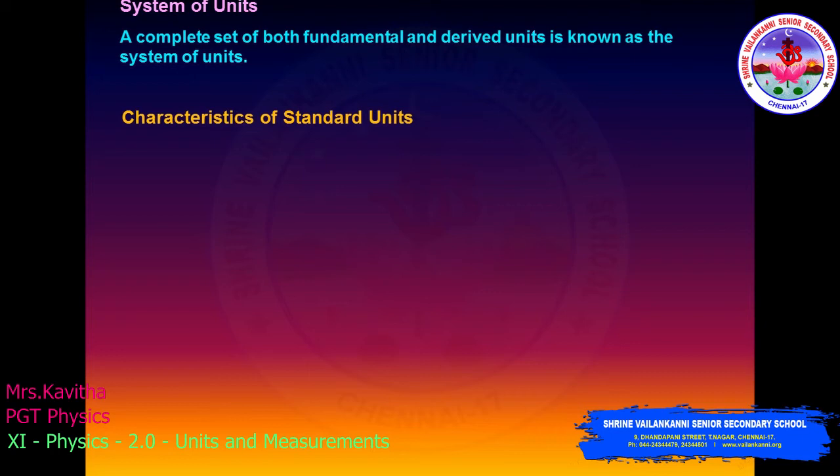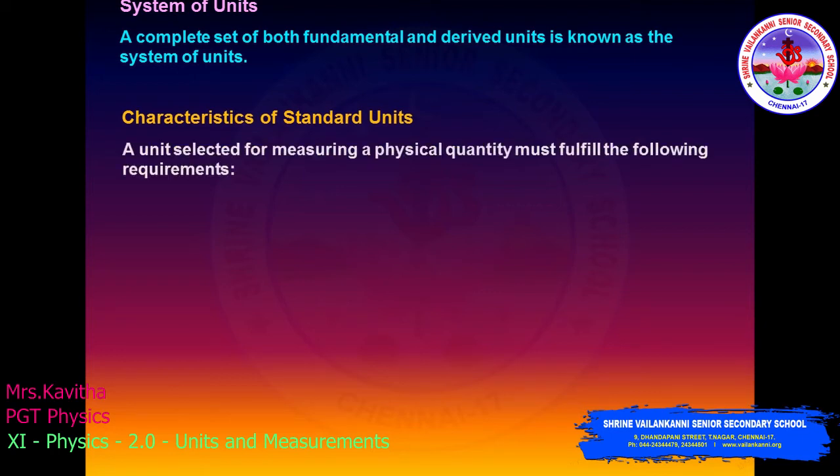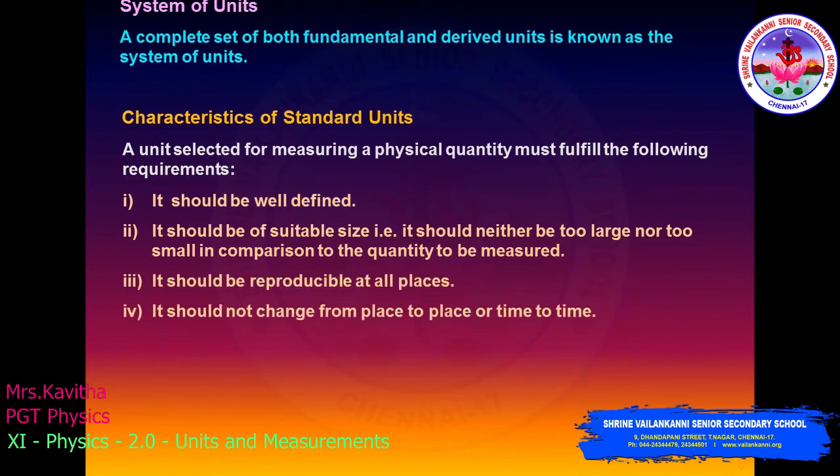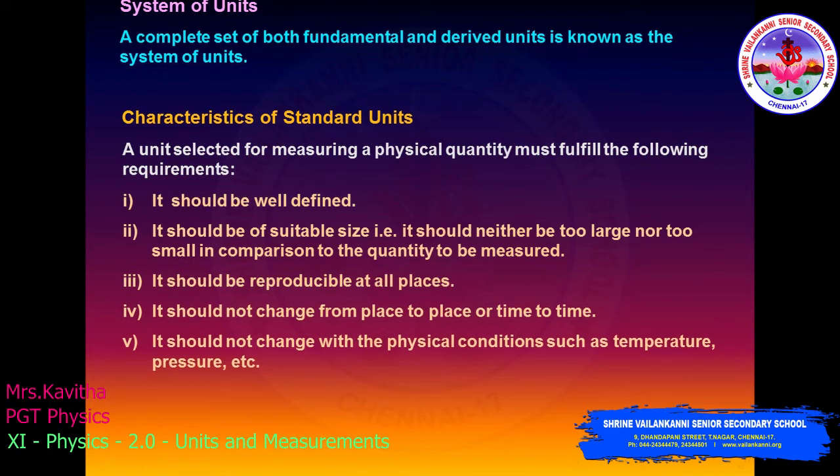What are the characteristics of a system of units? See, a unit selected for measuring a physical quantity must fulfill the following requirements. First, it should be well defined, and it should be of suitable size, which is a convenient size.